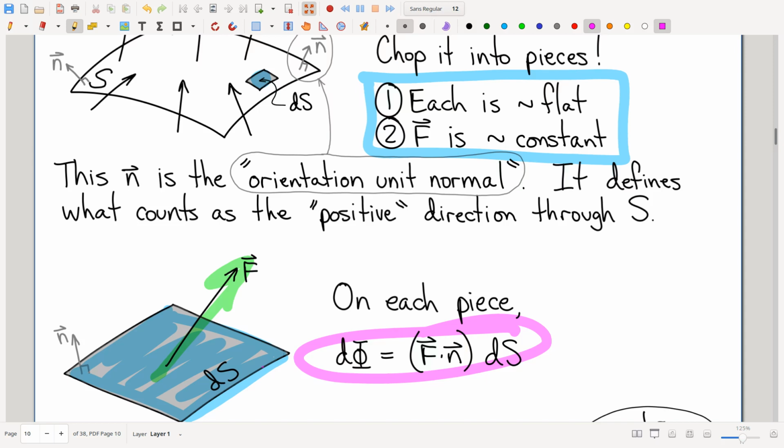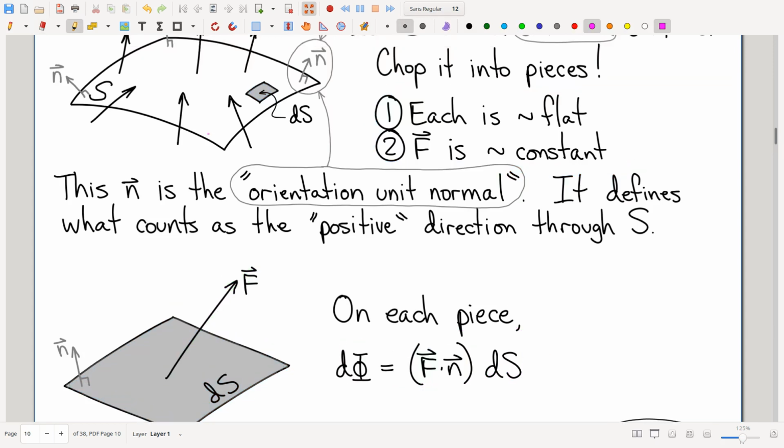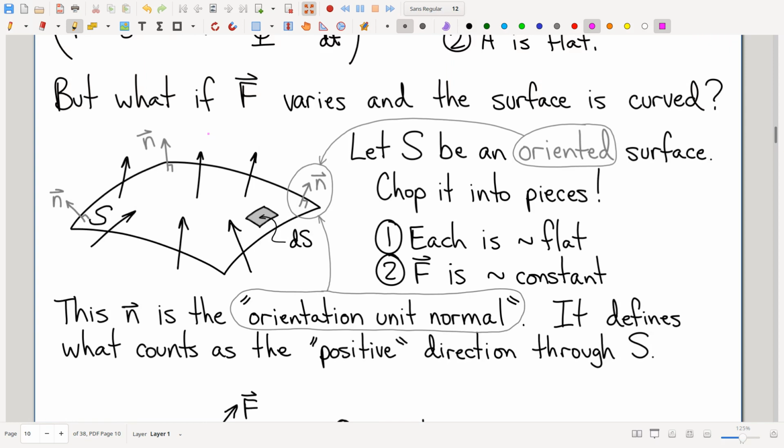Everybody see where this is going so far? Okay, now I just glossed over an important detail. I'm sure you noticed. And that is that the surface here, we've got this surface, but if we're going to talk about flux, that means we're going to talk about the fluid flowing through the surface.